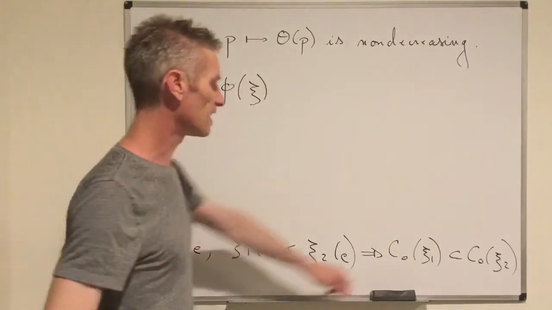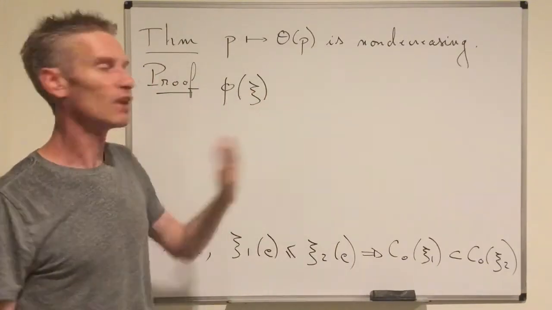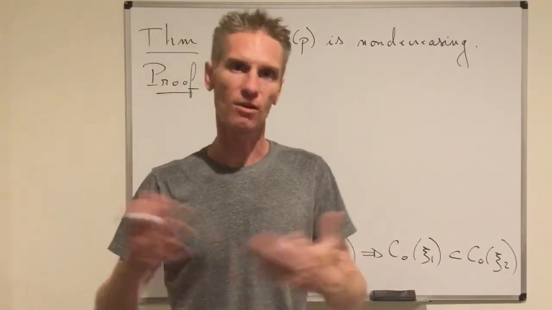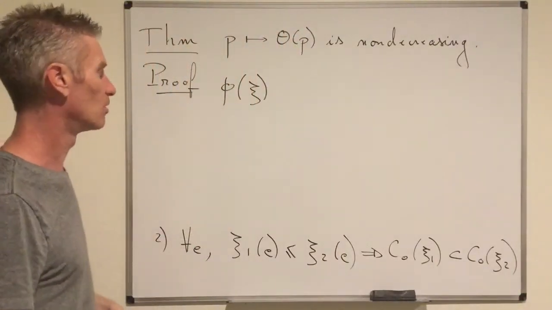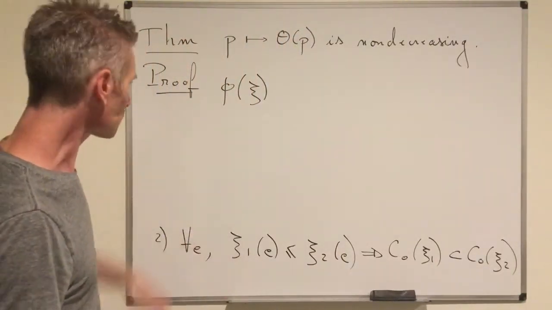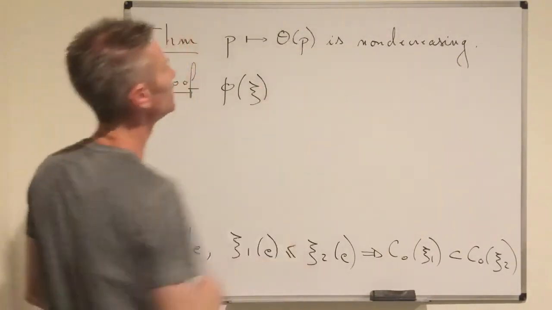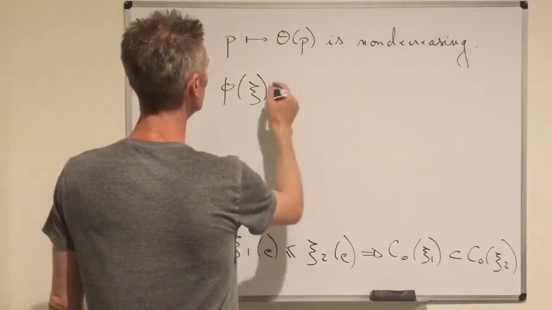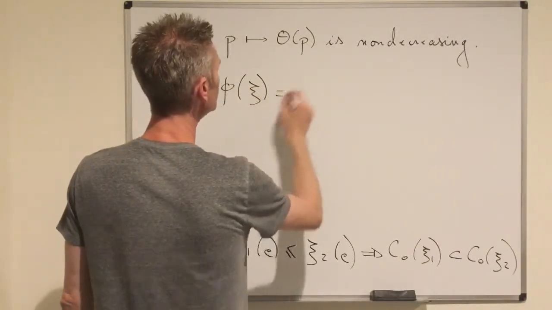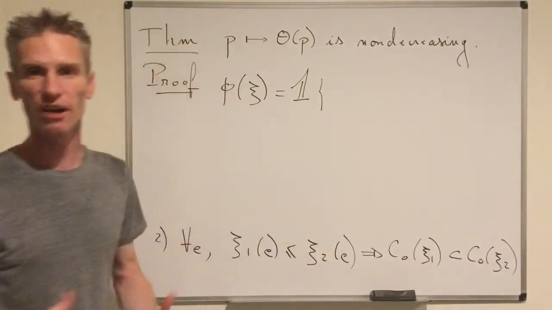So Xi is the same object as here. That's going to be a collection of zeros or ones on the set of edges of the d-dimensional grid. And so here, to kind of mimic the event that appears in the definition of the function here, I'm going to say that phi of xi is equal to the indicator function on the percolation event.